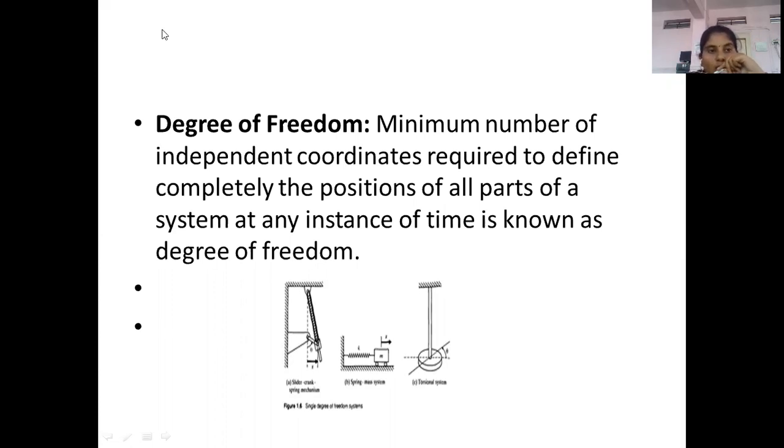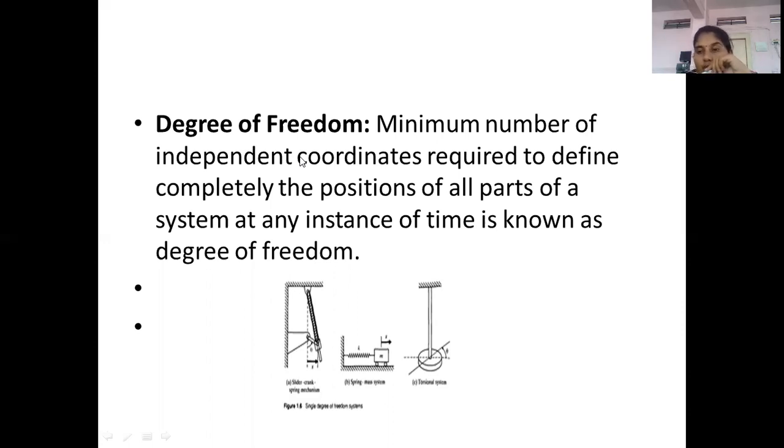If there is a body, then to define such a body, we have to go for the minimum number of independent coordinates. If, with the help of the minimum number of independent coordinates, we define a body in all respects, in all parts of the body, all parts of the system at any instant of time, it is known as degrees of freedom.